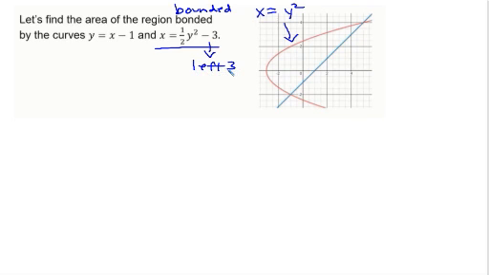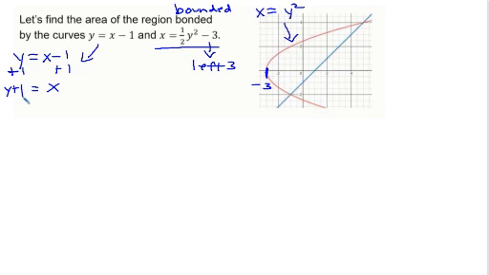So it's got a vertex over here at -3. What we do with this one is we solve it for x instead of y. I take my y equals x minus 1, and I add 1 to both sides, and I have that x equals y plus 1.